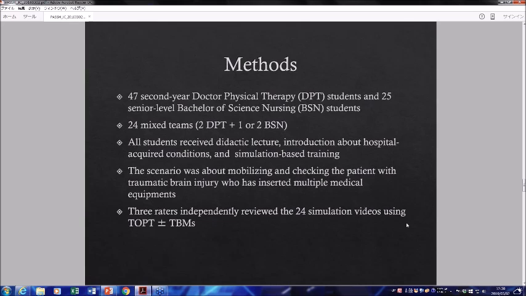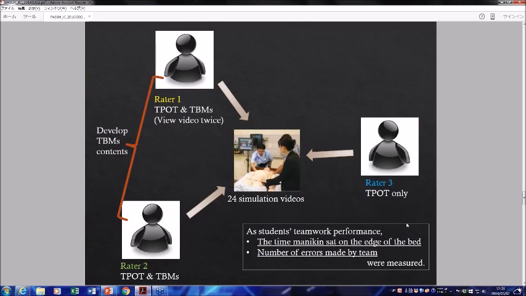Now, after the simulation training, they were recorded, and 3 raters independently reviewed the 24 simulation videos using TPOT plus or minus TBMs. Let me explain a little bit more. This is the image of the research design.